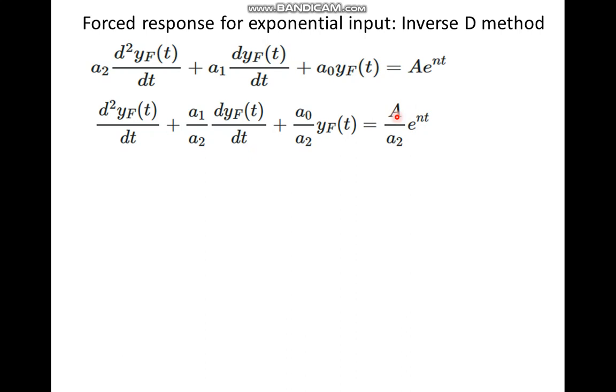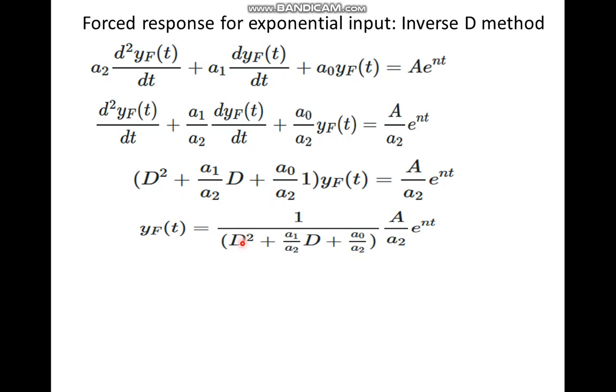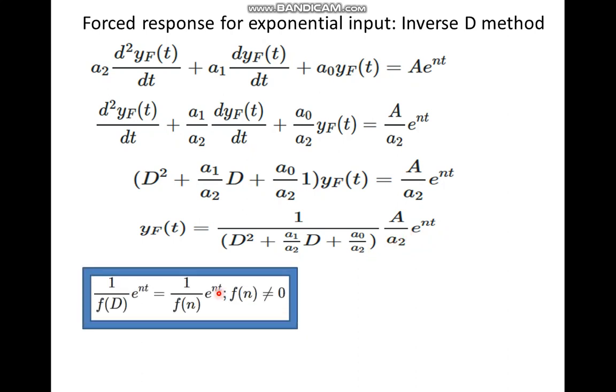In order to ease the notation, we replace the derivative by D and the second derivative by D square. Therefore, the differential equation takes this form. Dividing both sides by this term, we get yf as this. Now, according to the inverse operator D method, whenever we have an exponential in the form of e raised to the power nt, and the denominator is a function of D, we can replace D with n.